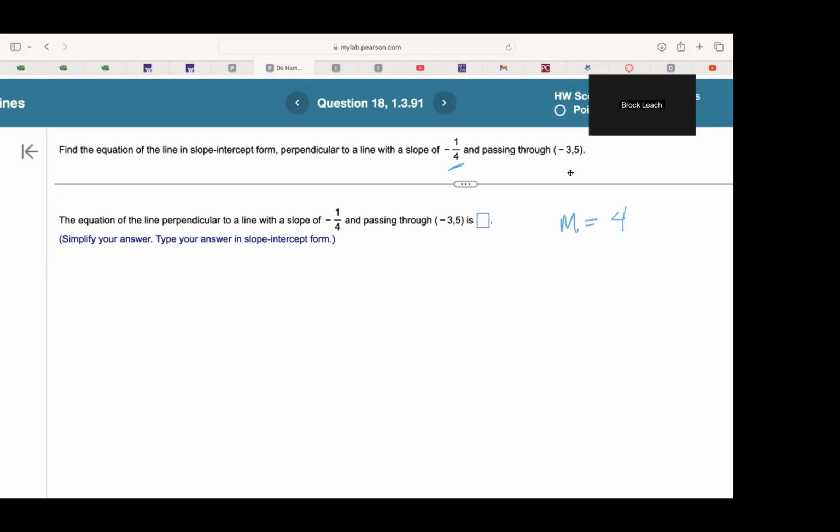So the negative of the reciprocal, the opposite sign, reciprocal. Reciprocal means flip it, so that would be 4/1. So the slope of this line is going to be 4, and we know it passes through this point.